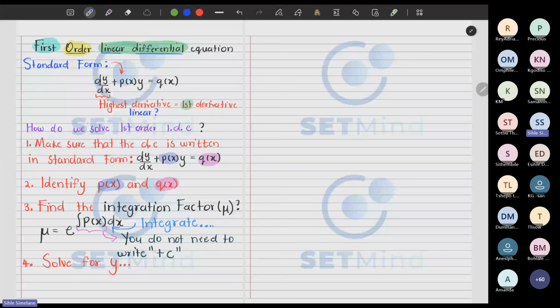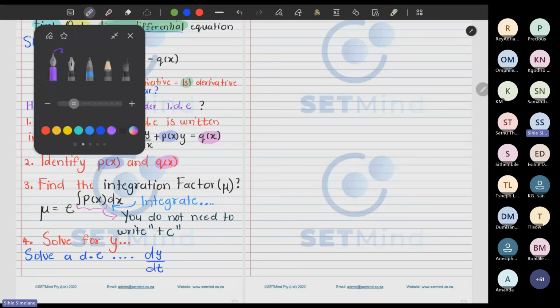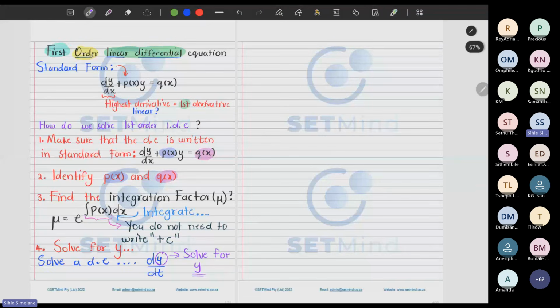So whenever they say solve a differential equation, and in that differential equation you have dy dt, all they are saying is solve for y. Okay, so when they give us a problem and say solve the differential equation, we need to look at what we are differentiating, and that is what we are trying to solve for.